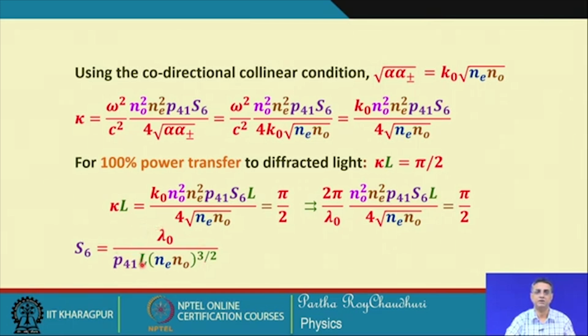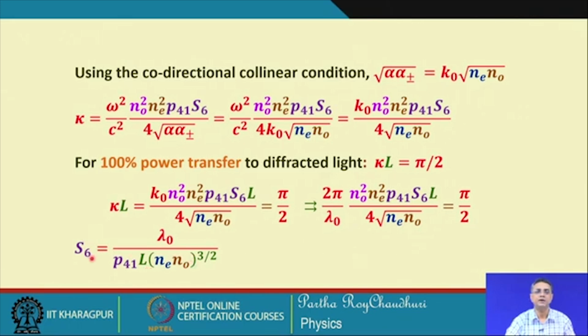L is the length of interaction of the acoustic wave, because this is a large Bragg angle case where the light wave is propagating in the same direction as the acoustic wave. So, it is the length of interaction of the acoustic wave with the optical wave, and this is the non-zero strain element which is appearing here, and these are the ordinary and extraordinary refractive indices of the crystal. Here it is lithium niobate. So, all the quantities are known here.